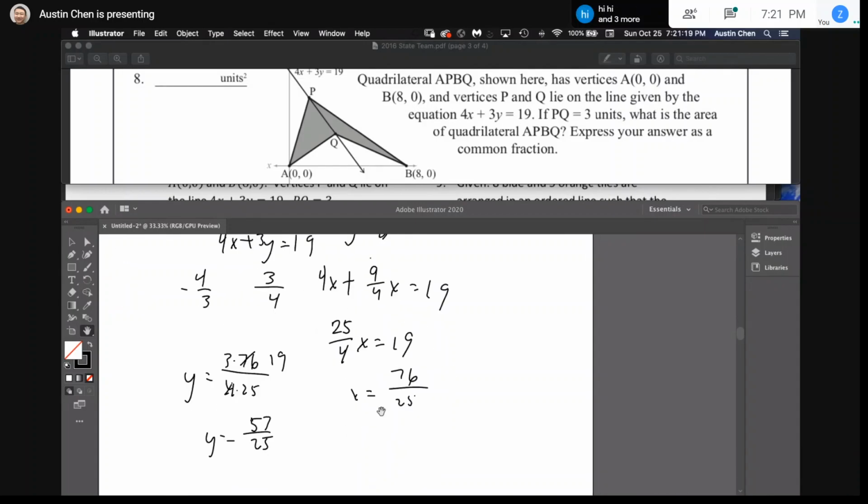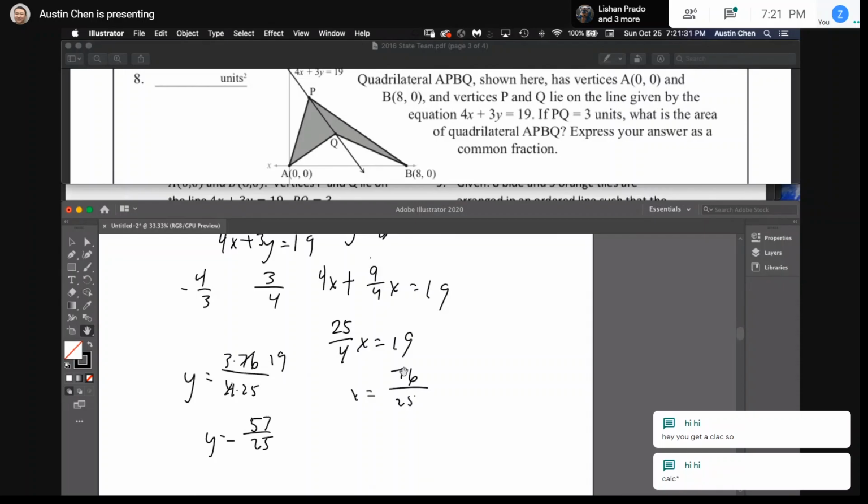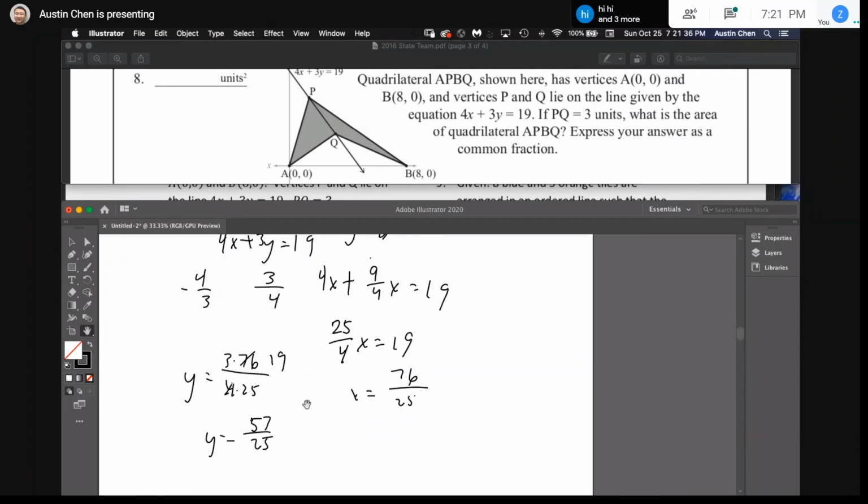Yes. And am I doing this right? Are the numbers this bad? 76 over 25? I don't know. Well, we have calculators on team, so whatever. Okay, so the length of A to S is just going to be, I'll just write it out, the square root of 57 over 25 minus 0 squared plus 76 over 25 minus 0 squared.